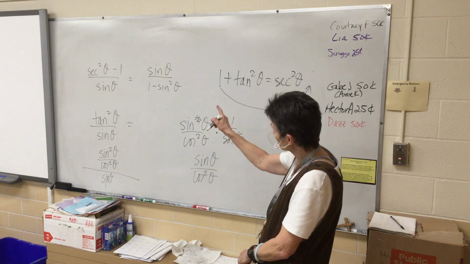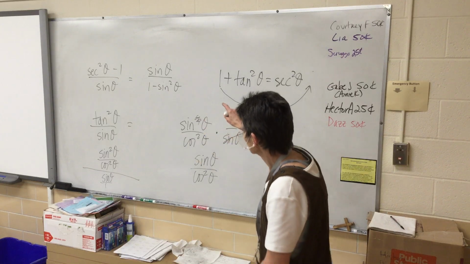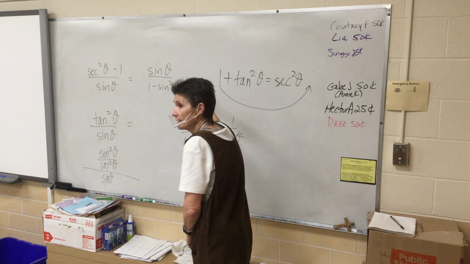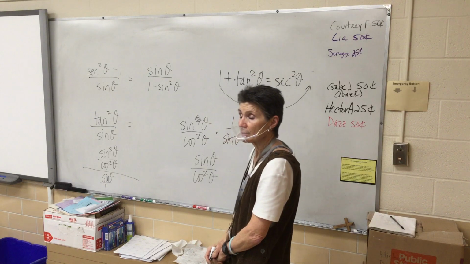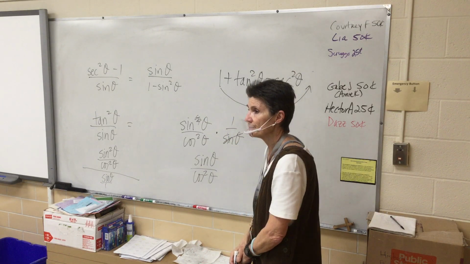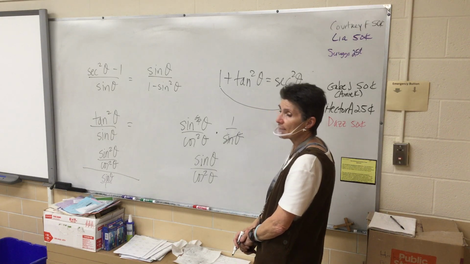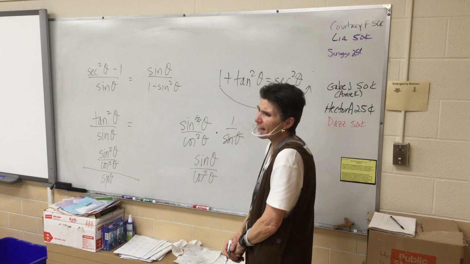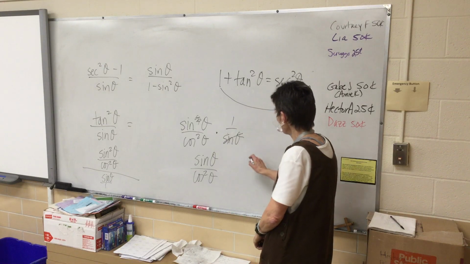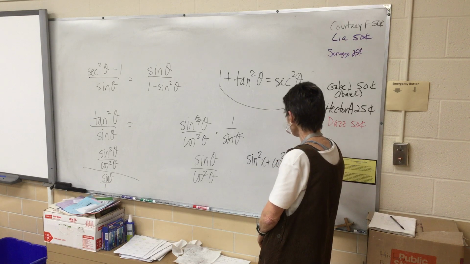Well, keep an eye on what you're going to end up with. There's no cosine in my answer here, the thing I'm trying to get. So do I know anything about cosine squared? It's 1 minus sine squared. And again, we use that one a lot, so you might memorize it, but what you really have to memorize is sine squared plus cosine squared equals 1.